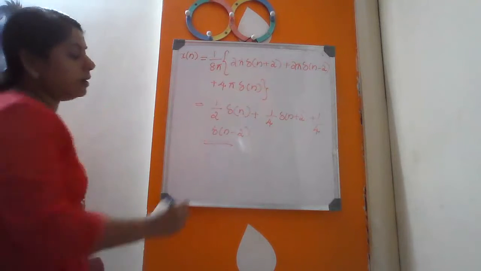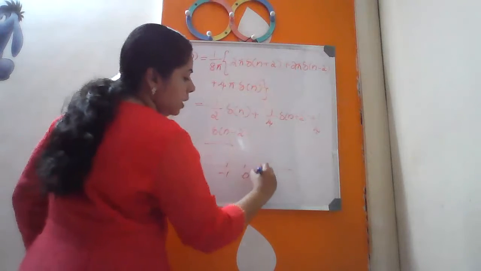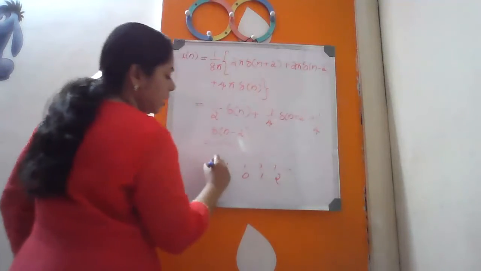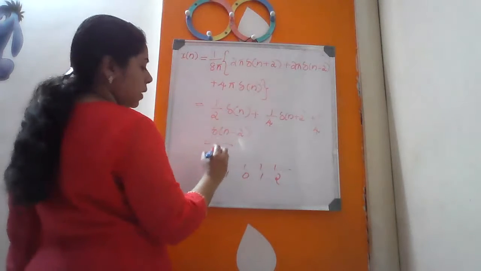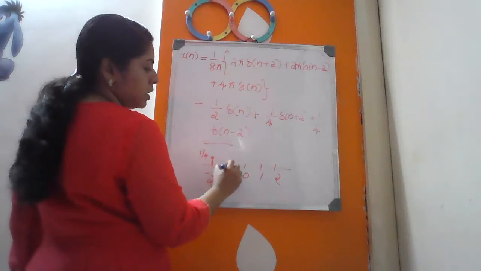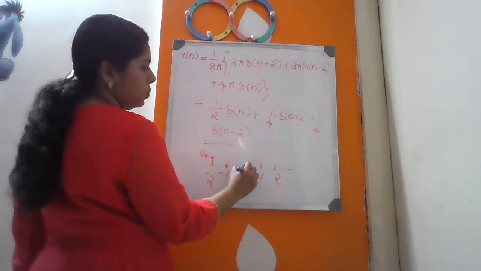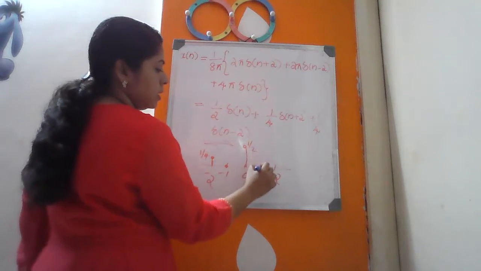If you want to plot this one, I can plot it at 0, minus 1, plus 1, minus 2, plus 2. At minus 2, my amplitude is 1 by 4. At minus 1, 0. At 0, amplitude is 1 by 2. Here 0.